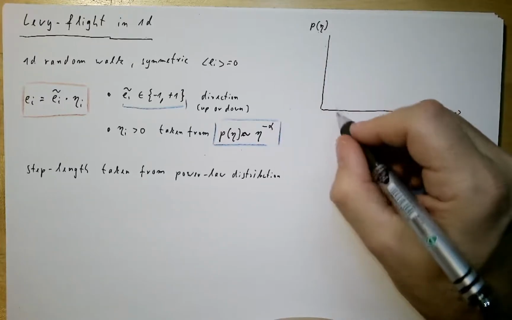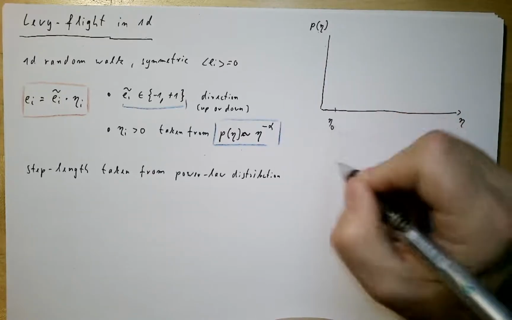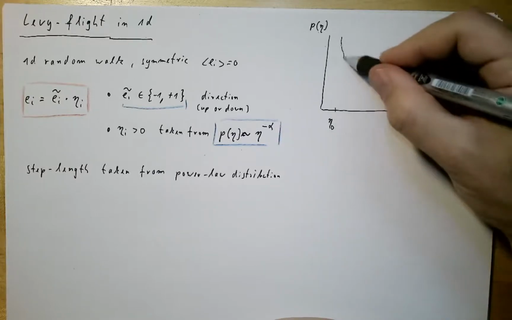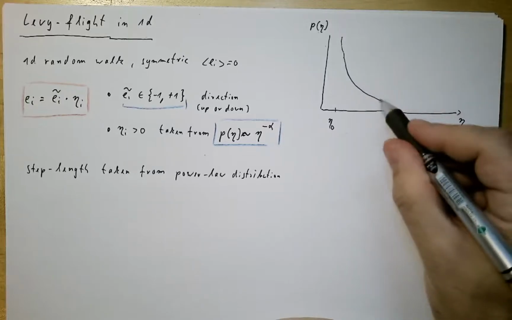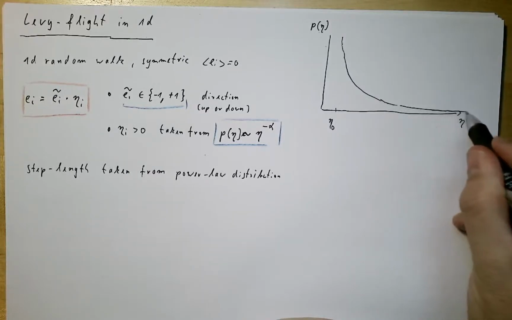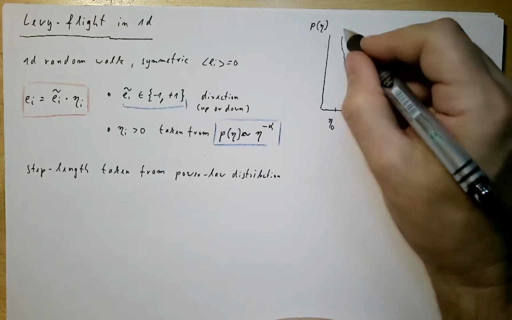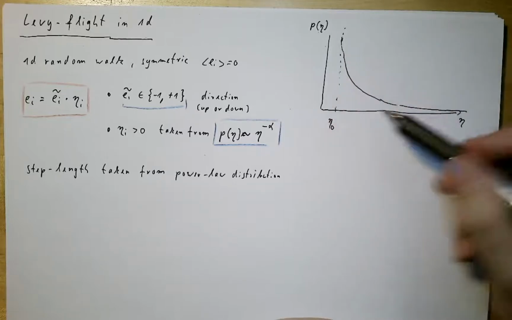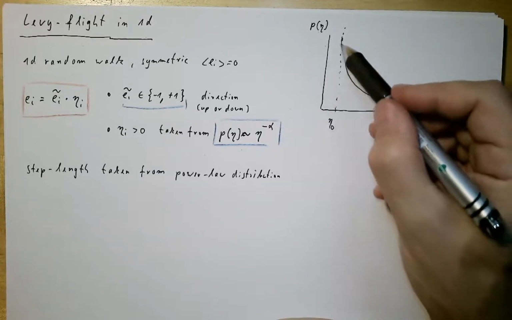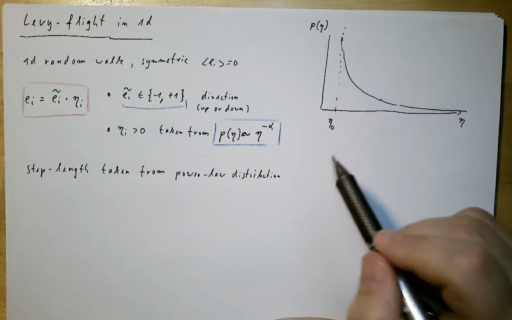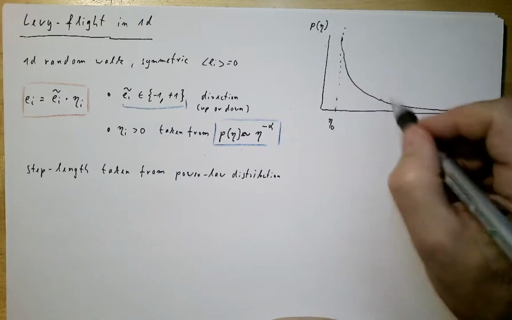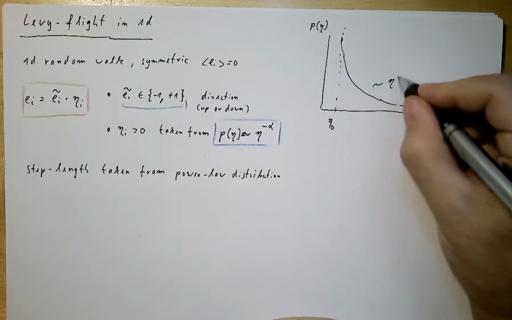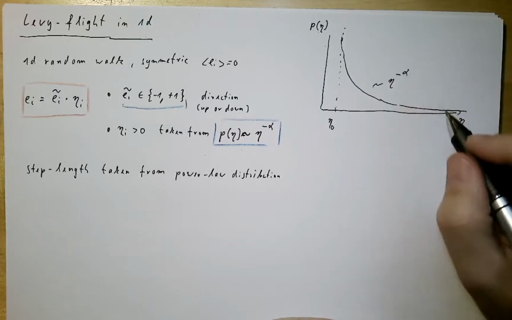For a power law we need a minimal step, and then we have a function which decays slowly to 0. If we wouldn't take the minimal step, we would go here to infinity, so we have a minimal step, and then this decays as eta to the minus alpha.